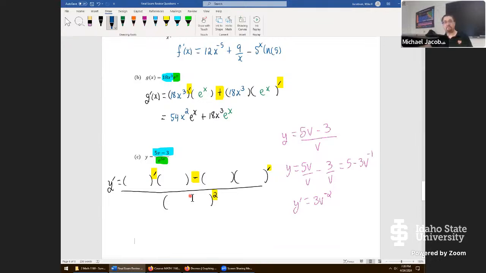Now there's 5 positions to throw stuff in, so it feels kind of overwhelming, but there are patterns. Just like with the product rule, where I took the first factor and put it into the first slots, in the quotient rule, take the top function, it'll go here and here. And that's the only thing that happens with the top function each and every time. So if you memorize that one aspect, then you will now know e to the 5v just goes everywhere else.